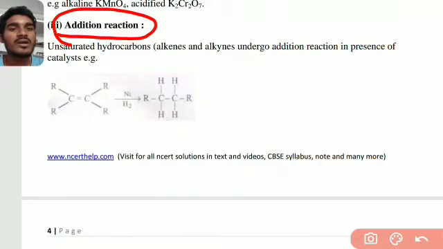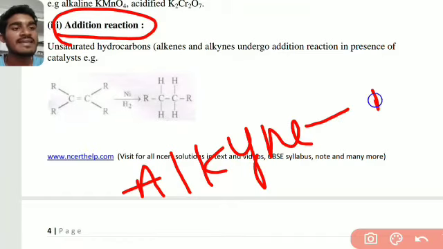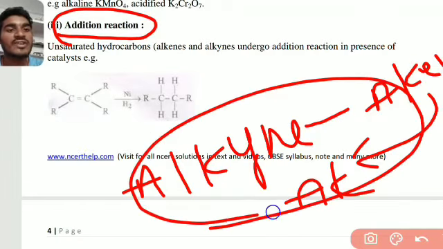For example, alkene and alkyne. This is a general reaction: alkyne is converted into alkene, and alkene is converted into alkane. Okay, this is the general addition reaction, where unsaturated hydrocarbons, alkenes, undergo reaction in the presence of a nickel catalyst with H2.